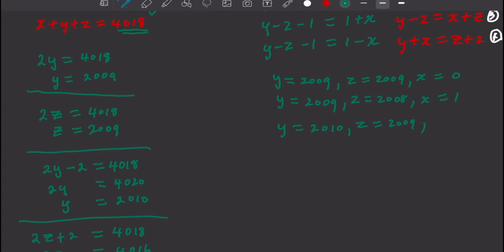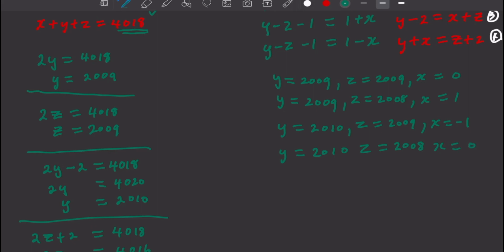Sorry, that would give us 4019, but we want 4018, so x would have to be minus 1. And then we'll have that y is equal to 2010 and z is equal to 2008. So x would have to be 0.